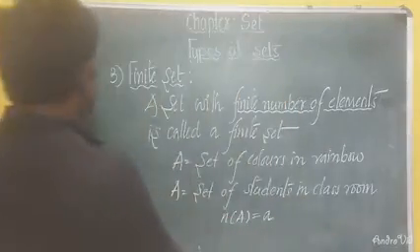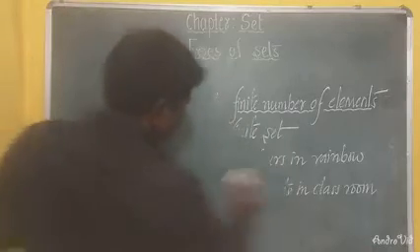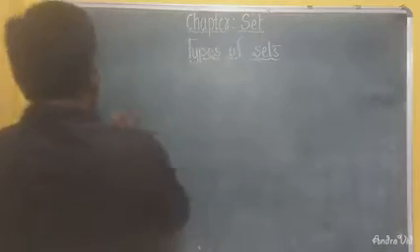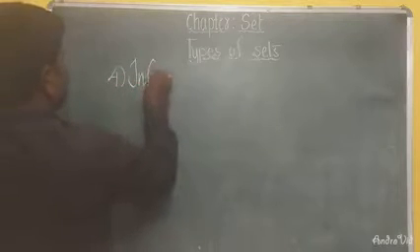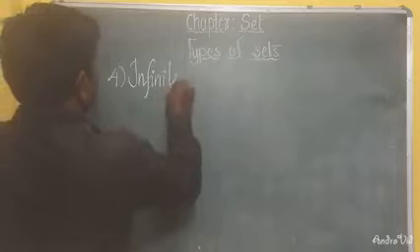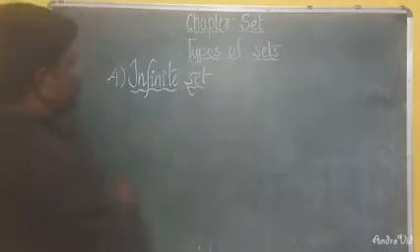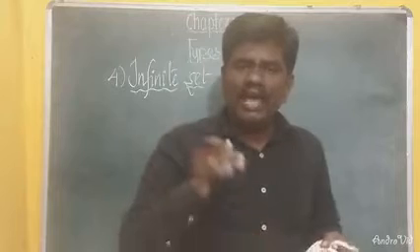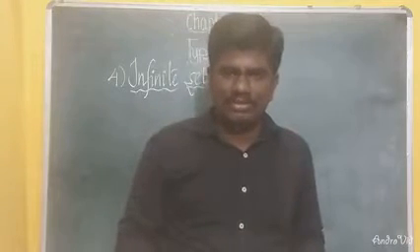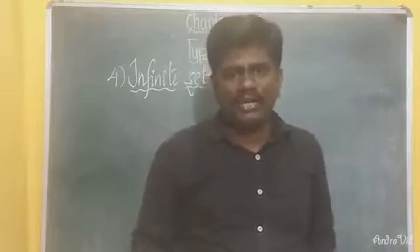Now the next definition we are going to see here is about the infinite set. Let us see what is an infinite set. Definition number 4: infinite set. It is the very opposite of the finite. That means if a set is not having a finite number of elements, then it is an infinite set.